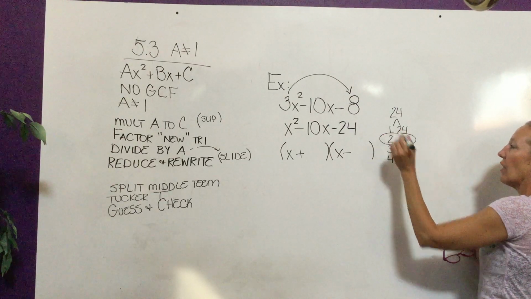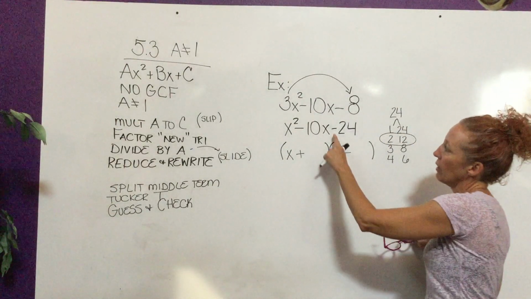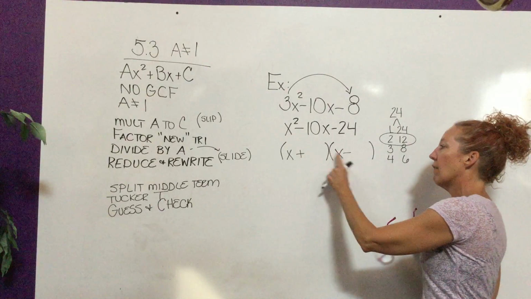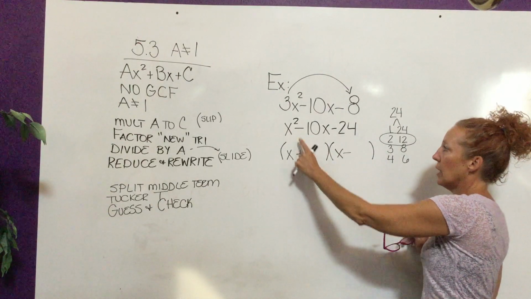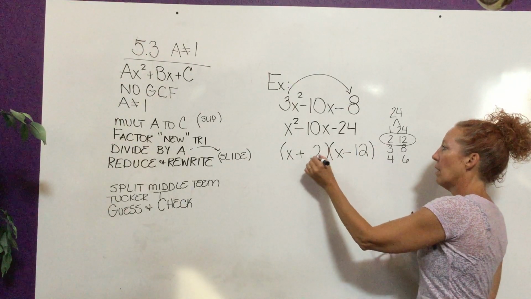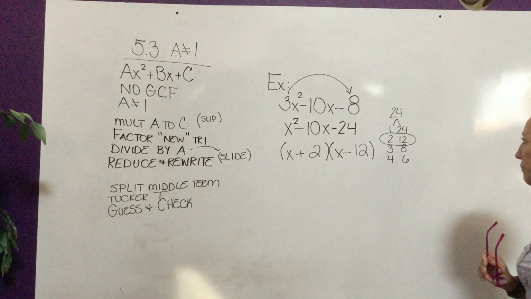And I know that that's what I'm gonna pick because I know if it multiplies to a negative, I have to have one of each number type. Since it's a negative 10, I'm gonna put the negative 12 here and the positive 2 there.